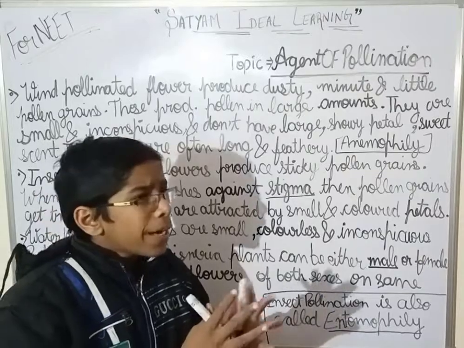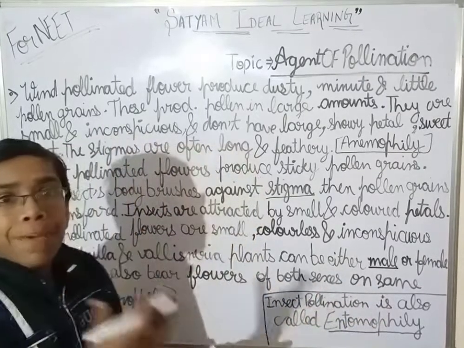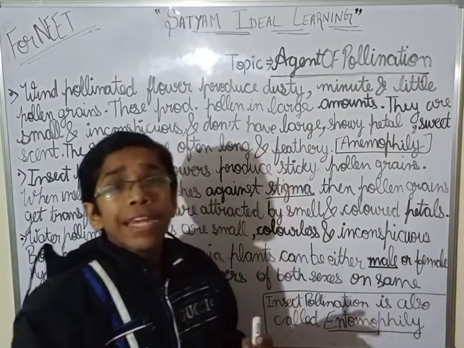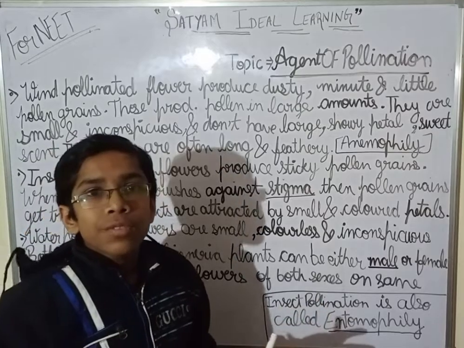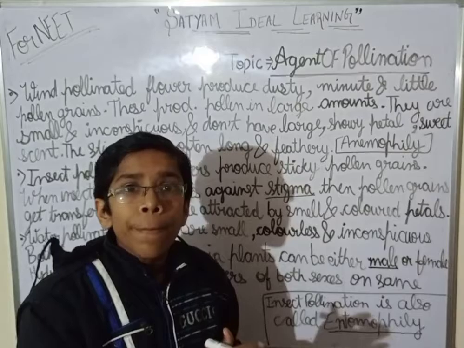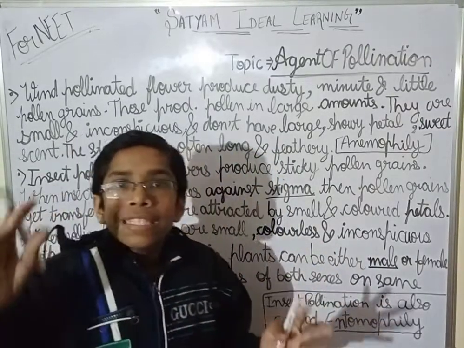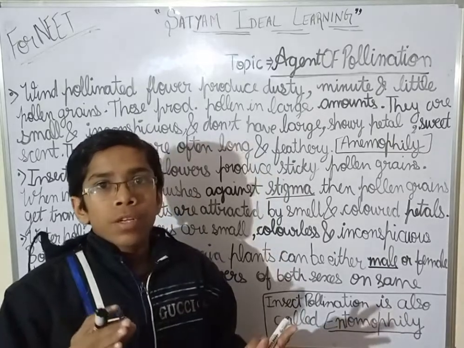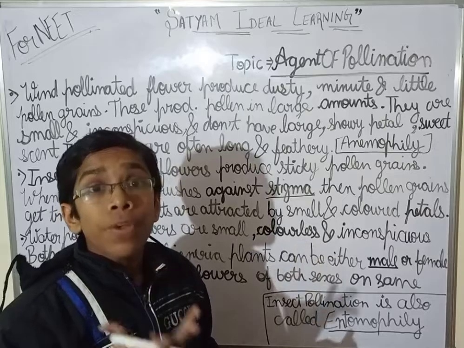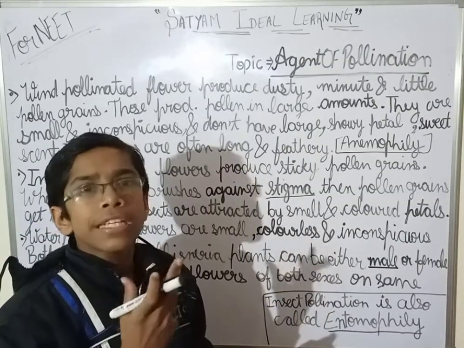You see its petals, you smell it, and the fragrance is very sweet. Then you get attracted to that flower. This is how the insect is also attracted, by the help of large showy petals and the sweet scent.